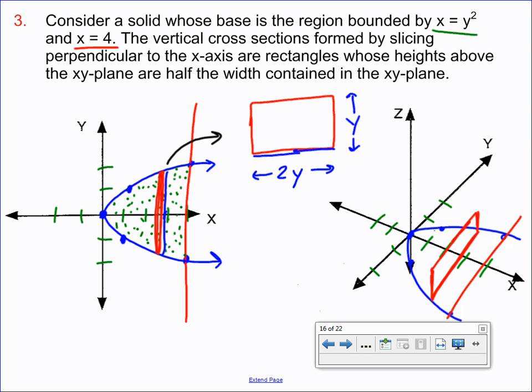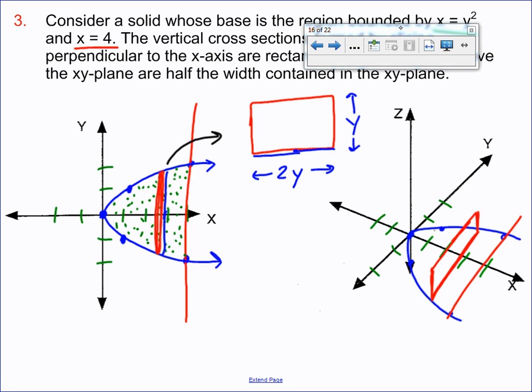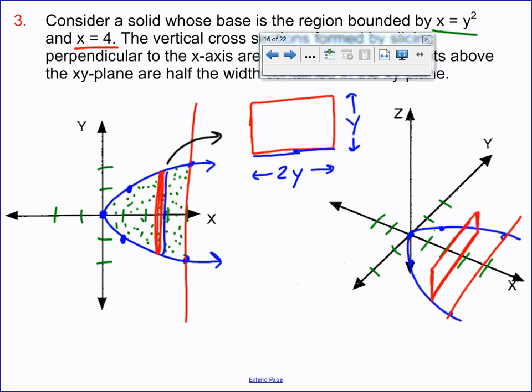So let's go ahead and get some x's and y's and some cross-sectional area formulas here. So what is this? Well, the area of a rectangle in general is base times height. The area of this rectangle in specific is base times height, 2y times y. That's 2y squared.